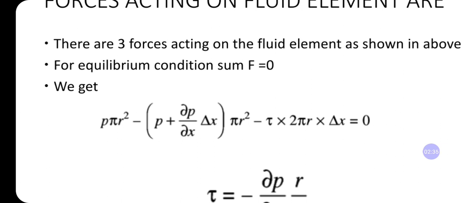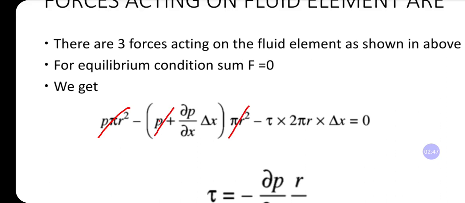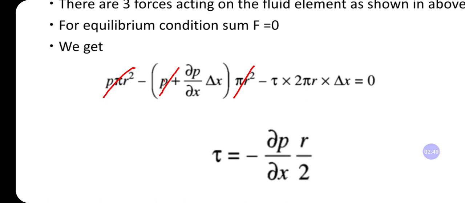If we solve this equation, p pi r square and p pi r square will cancel out. So finally, we will get tau is equal to minus del p by del x into r by 2.